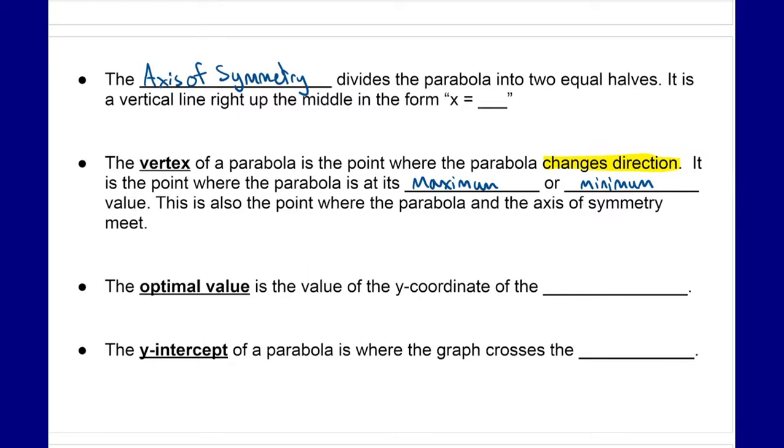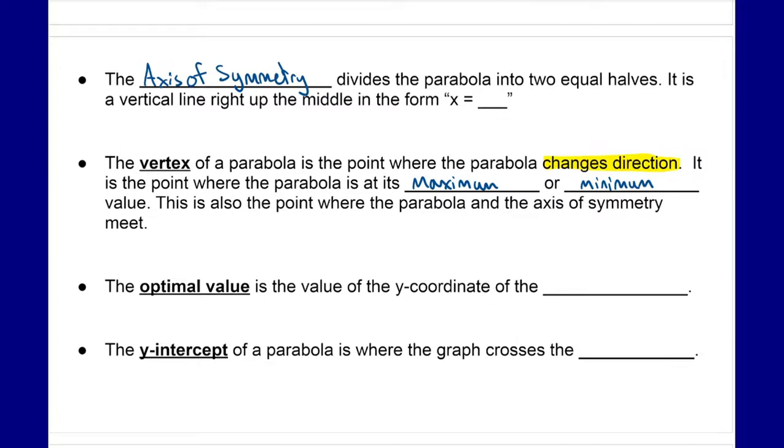So the vertex is also at the maximum or minimum point of our parabola. This is also the point where the parabola and the axis of symmetry meet. Because this is that point where it changes direction and the axis of symmetry is a vertical line that cuts our parabola in half, they would meet. So the axis of symmetry is going to go through our vertex.